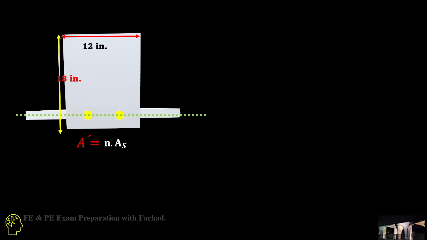So it simply says that if we want to convert these two steel rods to the equivalent area, as you can see here at the bottom of the section, that's A prime, that's n times As. So the whole area is unified and all is concrete.